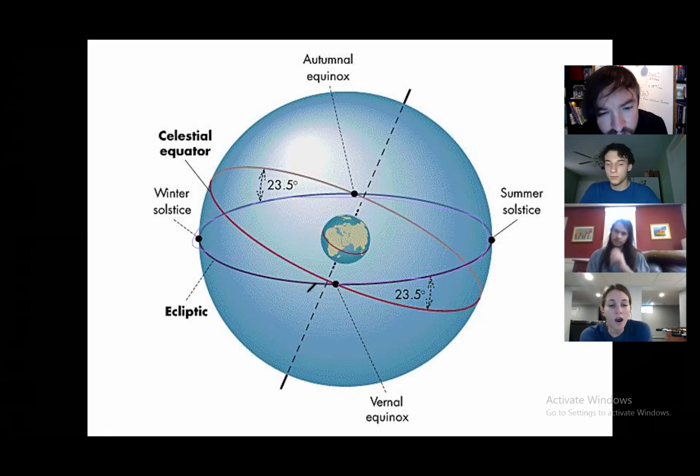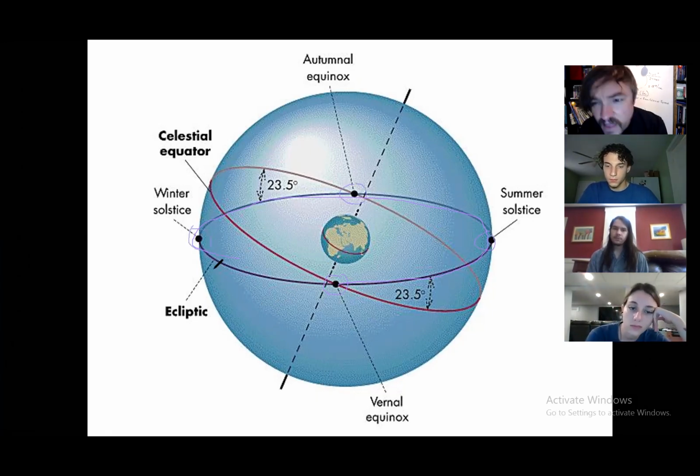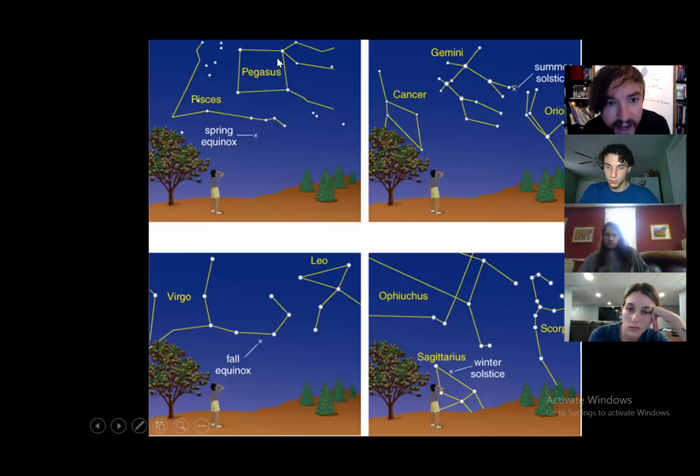Seen from an Earth-based reference frame, the spring equinox, the summer solstice, the fall equinox, and the winter solstice are actual points on your celestial sphere. In fact, the spring equinox is the point where the celestial equator intersects the ecliptic, or one of the points.